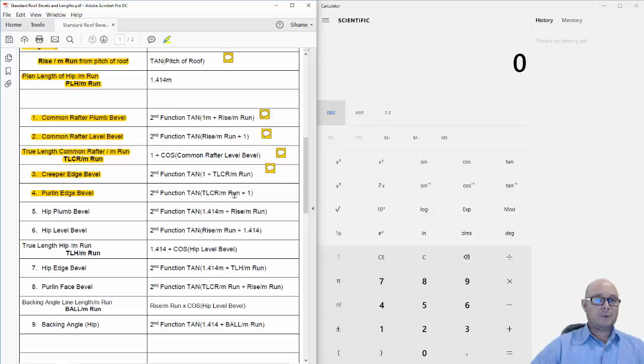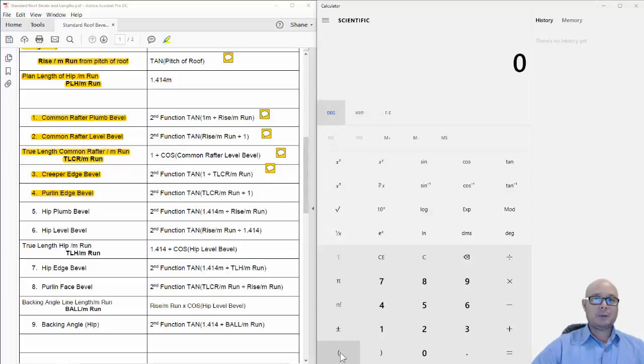Okay, so the formula for bevel number 4 is second function tan, and in brackets TLCR per metre run, which we worked out previously, which was 1.155, divided by 1. So I'll input that.